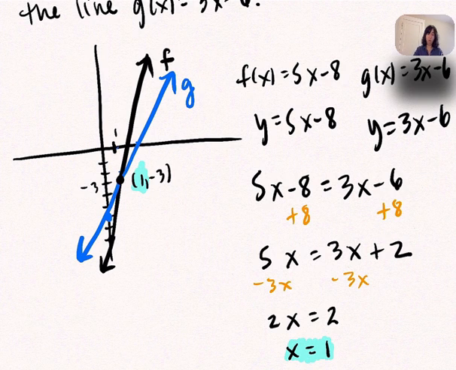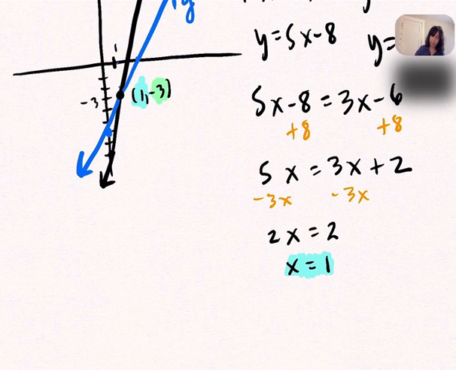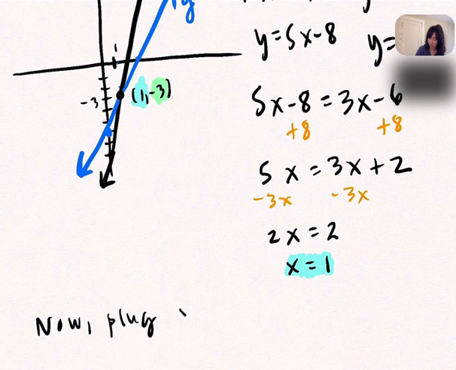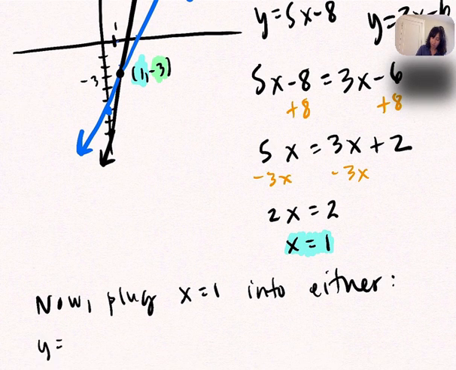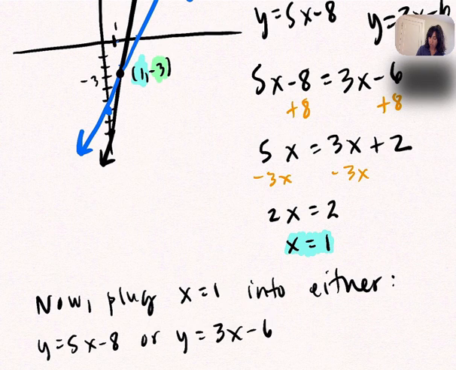How do we know what this y value is if we didn't want to graph? We could take this 1 that we just found and substitute it back into either of these two line equations. I can now plug x equals 1 into either y equals 5x minus 8 or y equals 3x minus 6. It doesn't matter which one, you're going to get the y value either way.